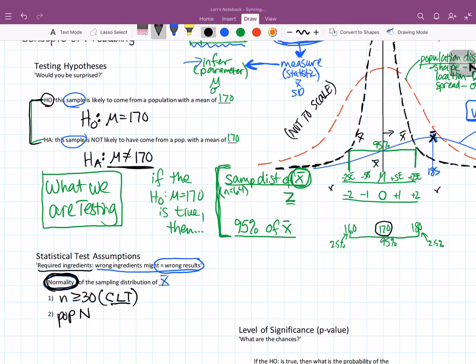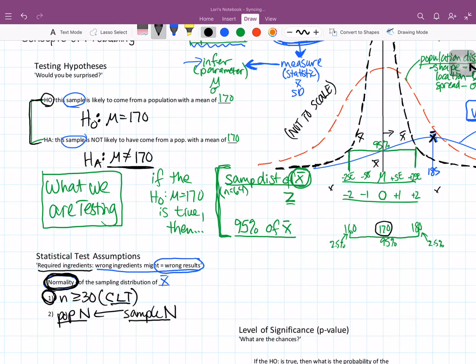If you only have a sample of, say, size 6 or 8, then it might be hard to tell whether the sample distribution is normal or not. So essentially, the main thing that we look for in order for this assumption to be true is that our sample size is 30 or more. Now, if you're really convinced that the sample is normally distributed, then we can also assume that the population is normally distributed and go with that as our statistical assumption.